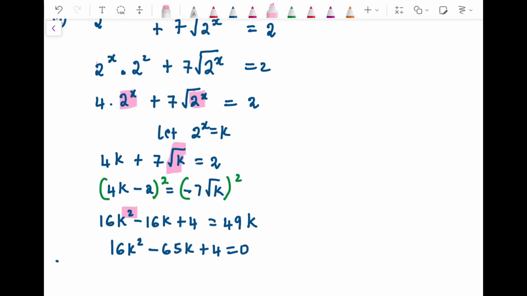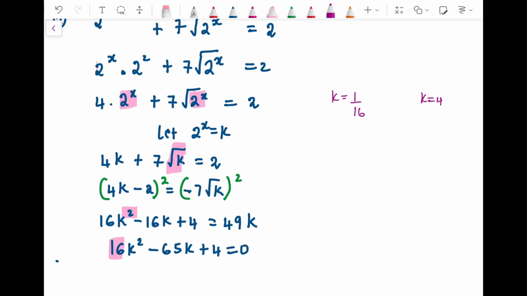Remember, if the coefficient of k squared is not 1, sometimes it is very challenging to factorize, but we can use the quadratic formula. In the quadratic formula, you are going to get k is equal to 1 over 16, or k is equal to 4.